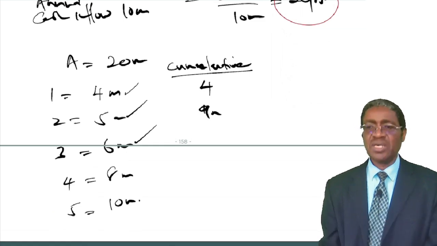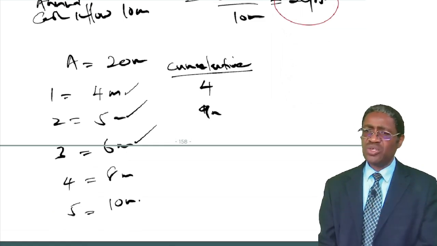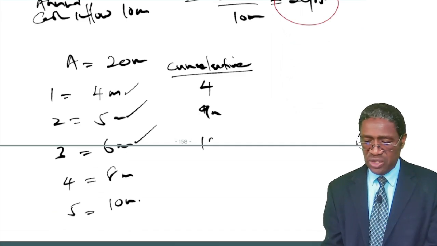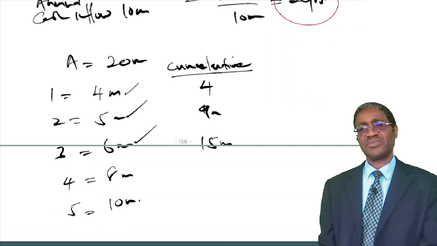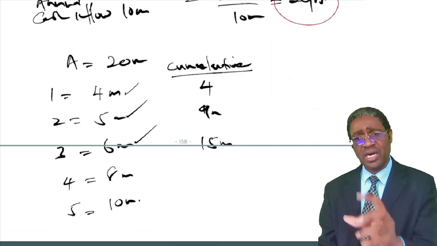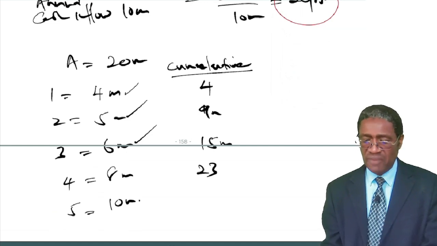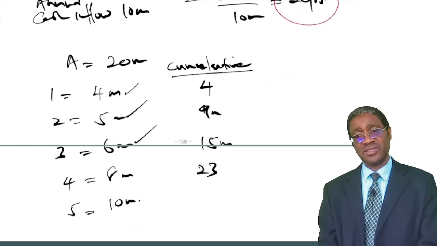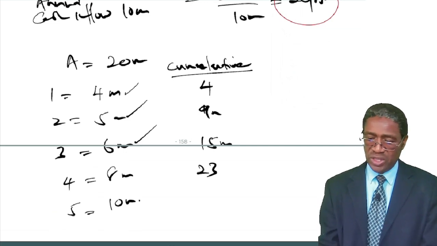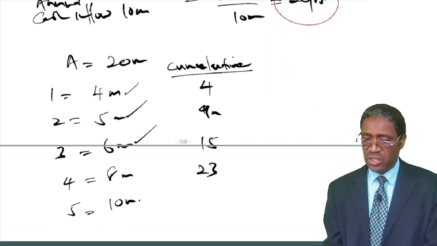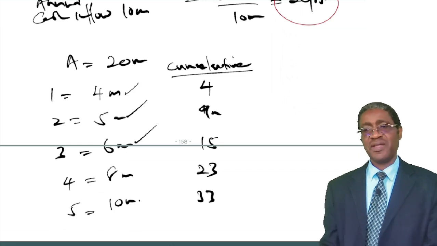9. By end of year 3, you will have recovered another 6 million. So cumulatively, you would have recovered 15. In the fourth year, you recover another 8. So cumulatively, you would have recovered 23. Then in the fifth year, cumulatively the cash inflow will be 33.